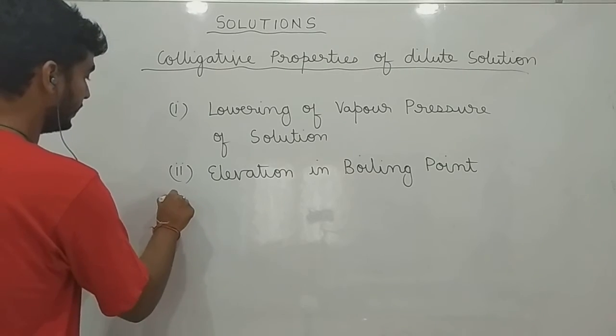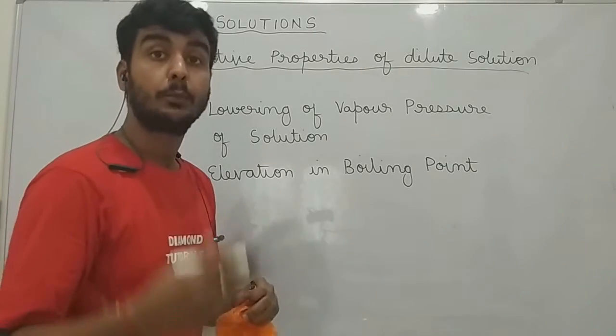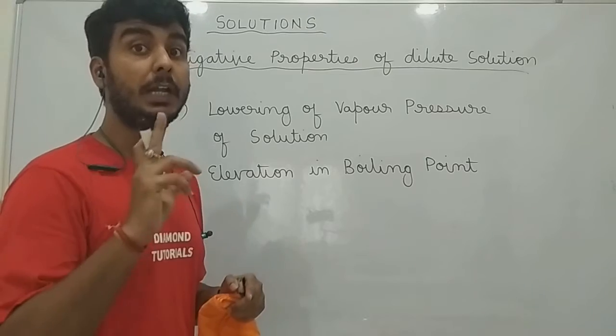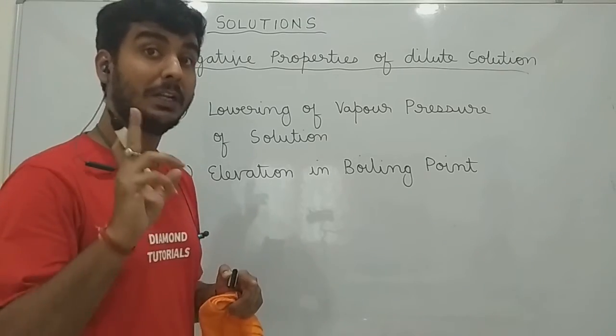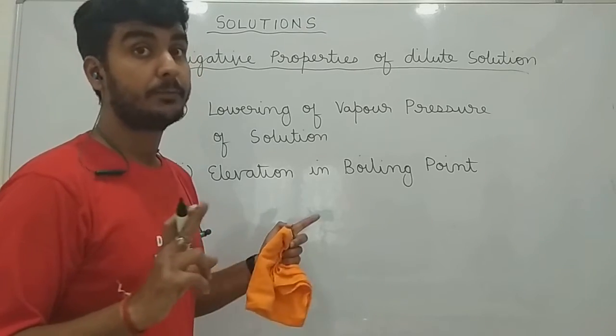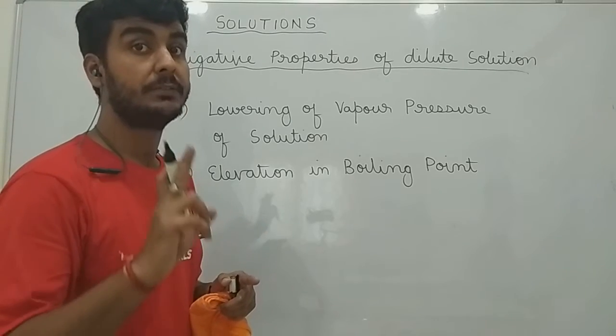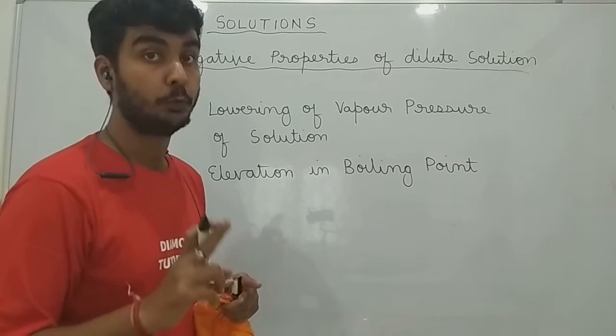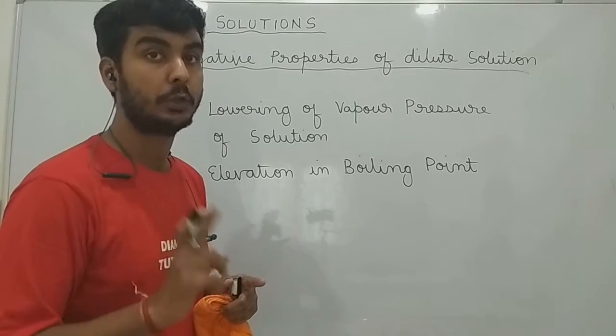Elevation in boiling point of what? Boiling point of a solution in which a non-volatile solute is dissolved. Always remember, colligative properties are applicable to solutions in which a non-volatile solute is dissolved.